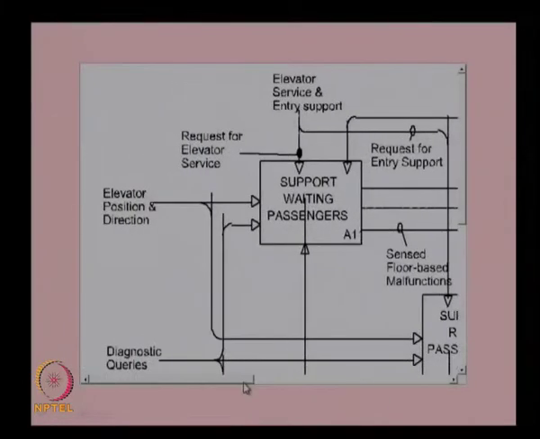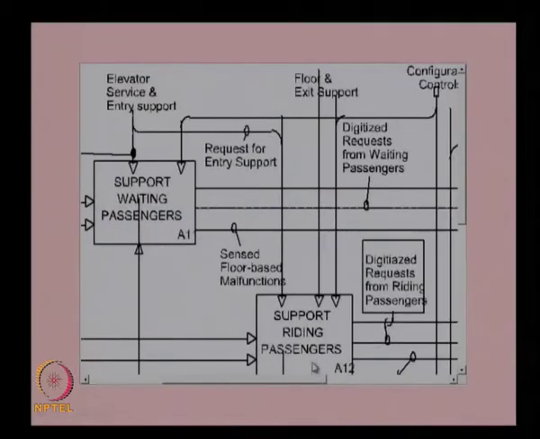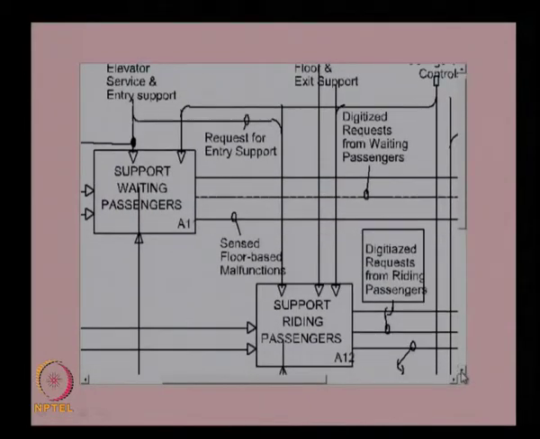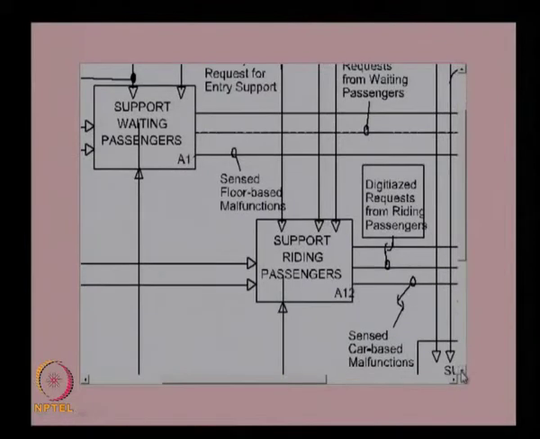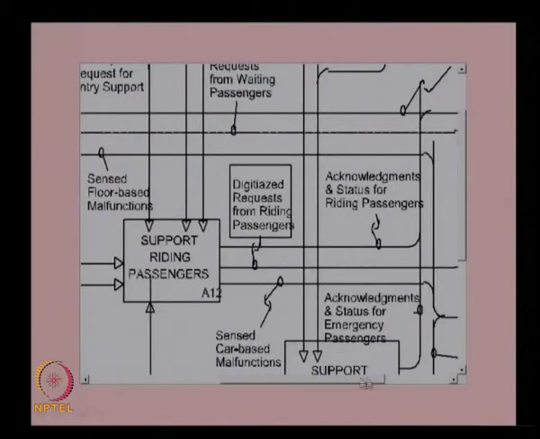And other inputs are elevator position and direction, and diagnostic queries. So it will process these inputs and then provide the output, like digitized requests from riding passengers. The riding passengers will be giving some commands or input, and based on that it will process the request, digitize it, and give it as output to the control elevator car function.